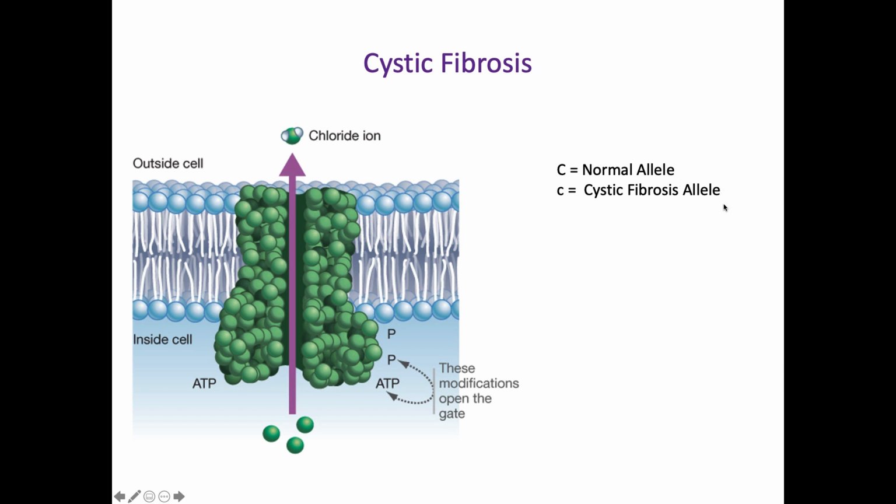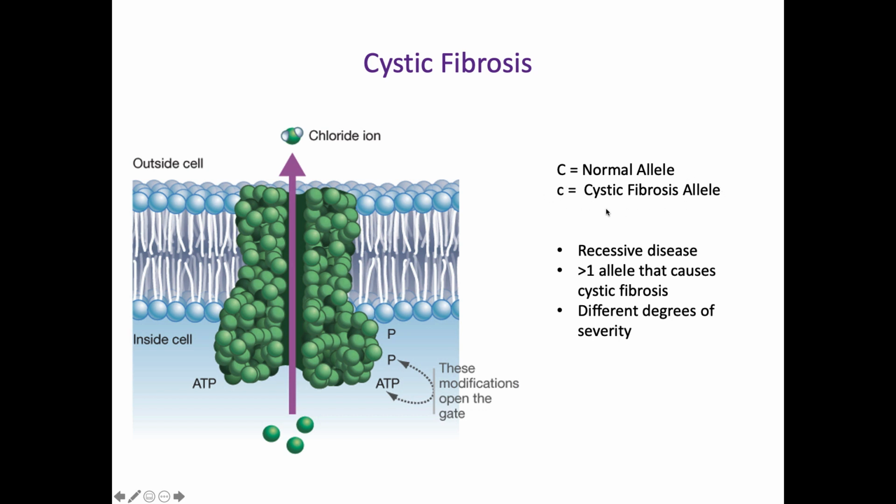In other words, cystic fibrosis is a recessive disease, so individuals that have at least one copy of the normal allele, in other words, they're heterozygotes, will have a normal phenotype. Individuals must have two copies of the cystic fibrosis allele in order to have cystic fibrosis.